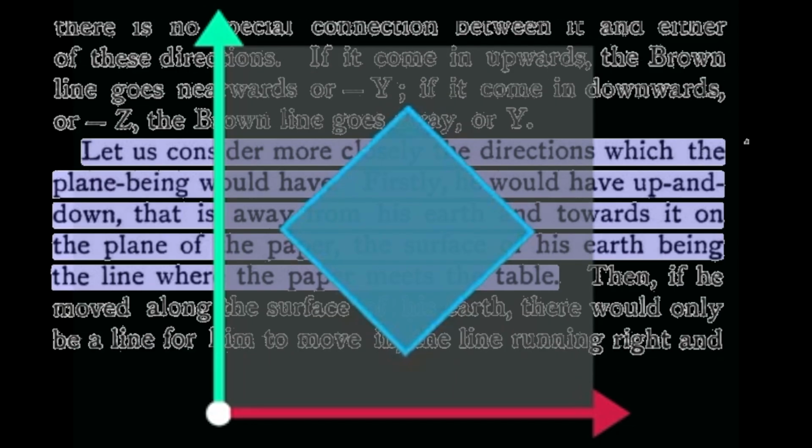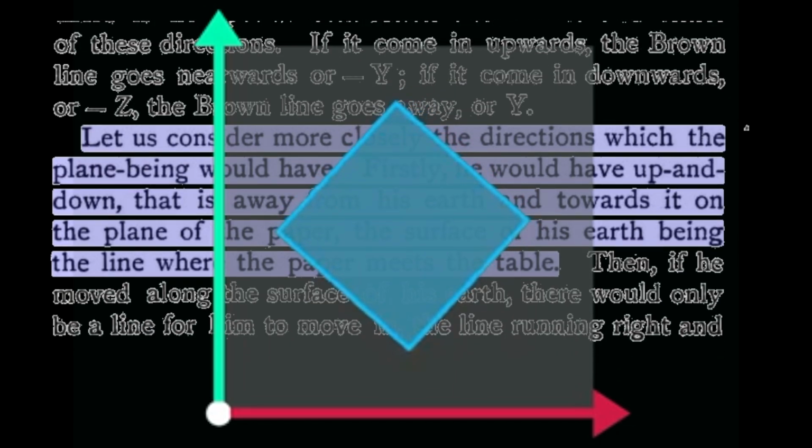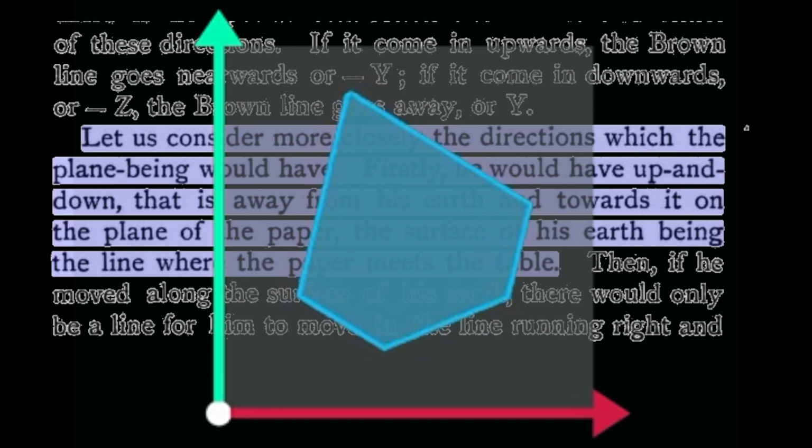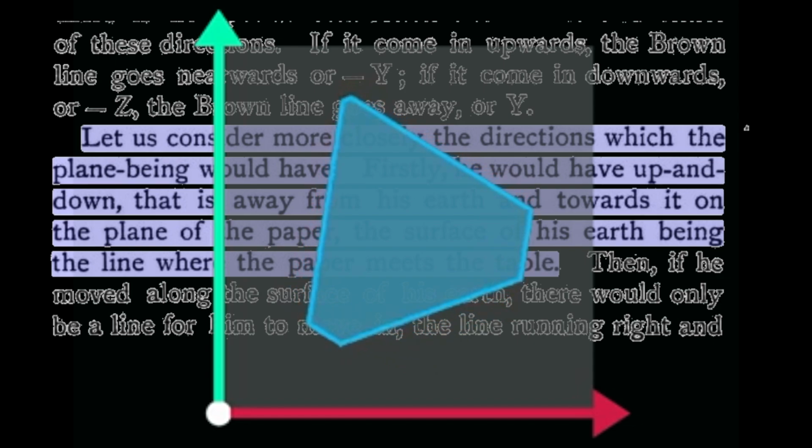Let us consider more closely the directions which the plane being would have. Firstly, he would have up and down, that is, away from his earth and towards it on the plane of the paper, the surface of his earth being the line where the paper meets the table.